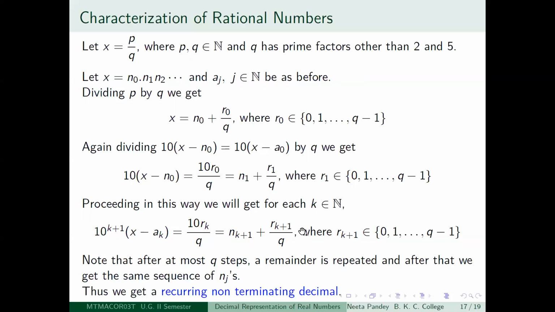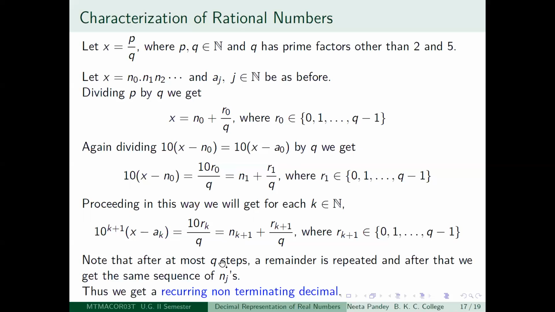So the remainder which you get will be any of these q numbers 0, 1, 2, etc., q minus 1. So after at most q steps, since there are q remainders when you divide by q, 0, 1, 2, etc. till q minus 1, this number will get repeated.